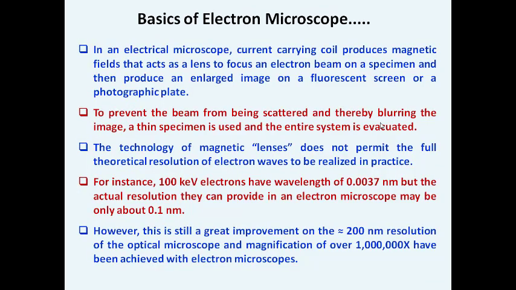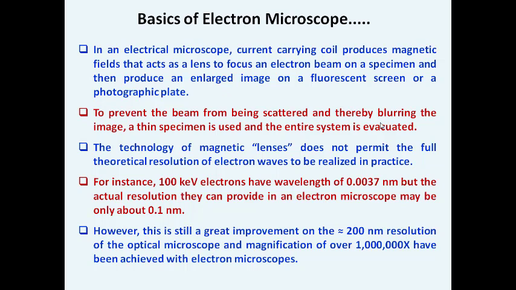Just think about the case in an electron microscope: a current carrying coil produces a magnetic field, which acts as a lens to focus an electron beam on a specimen and then produces an enlarged image on a fluorescent screen or a photographic plate. To prevent the beam from being scattered and thereby blurring the image, a thin specimen is used and the entire system is evacuated.